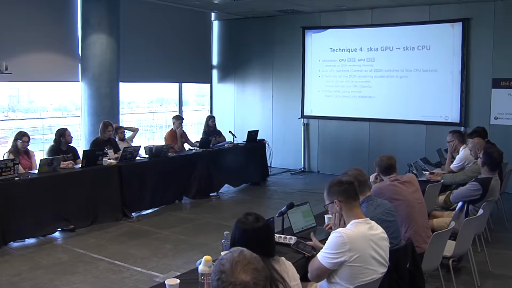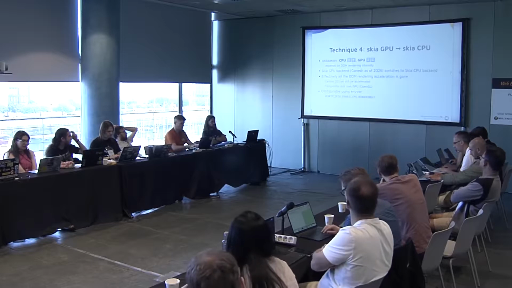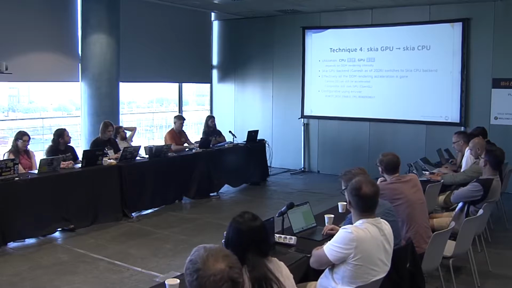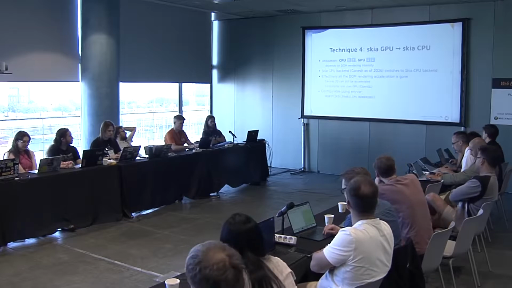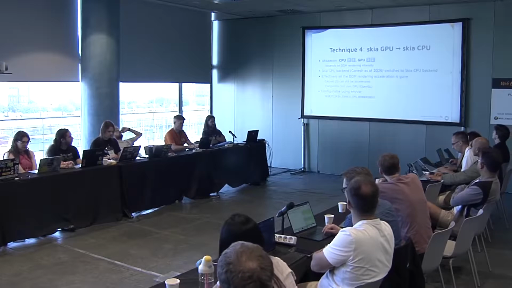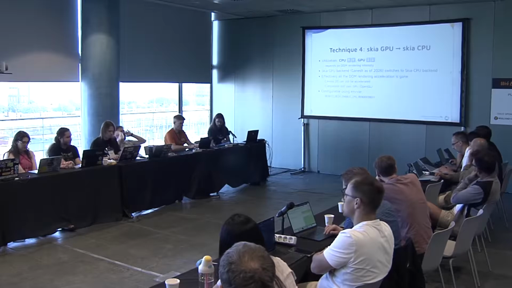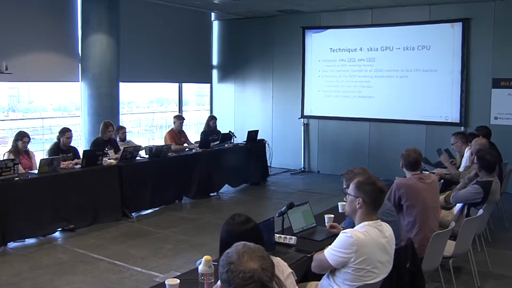Another technique is switching the Skia backend. We're using Skia for layers rendering, and by default we're using the GPU backend. But you can just use an environment variable to switch from the GPU backend to the CPU backend. And then all the painting of the layers will be done using the CPU.